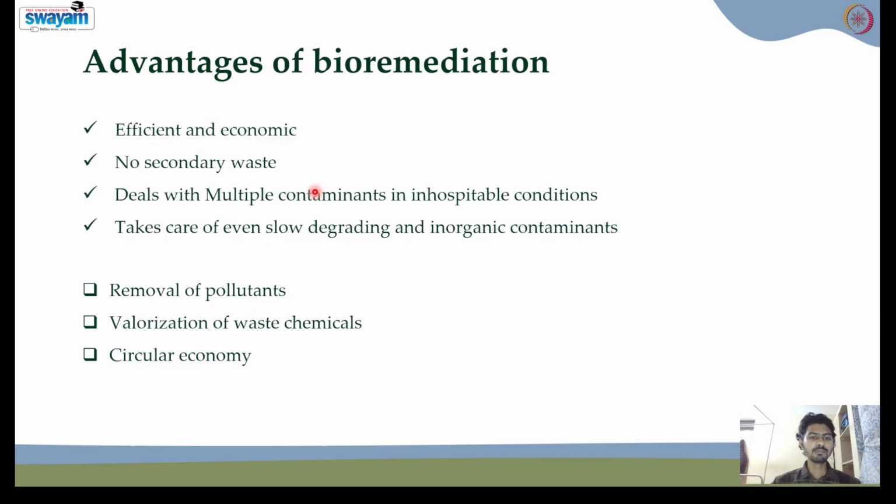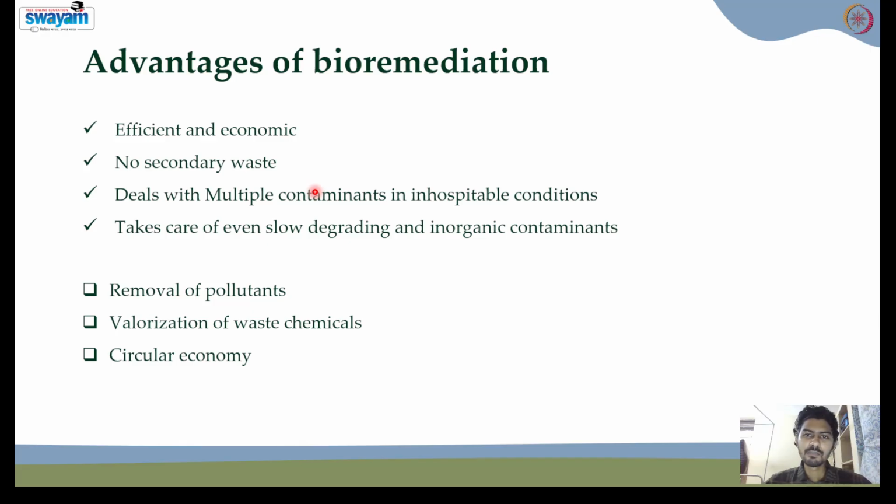And if you see the application of bioremediation, it not only applies to pollution, it also extends to other fields. First is removing the pollutant. Other than this, it also helps in valorization of waste chemicals. That means the waste can be turned into something useful. That is, waste is converted into wealth.